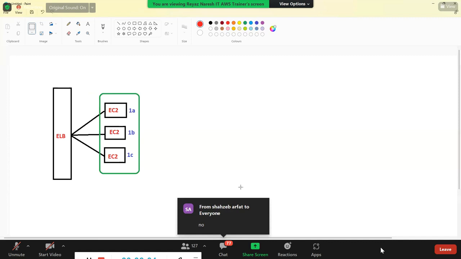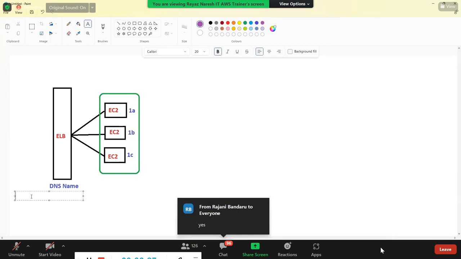We have a load balancer, and it has its own DNS name. Whenever you create an Elastic Load Balancer in AWS, it automatically gives a DNS name. And that DNS name looks very ugly, very bad.